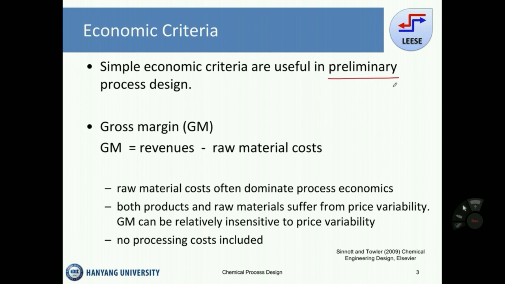Okay? So raw material cost is the major one for determining process economics. Then the revenue will be generated by selling your product. So gross margin is typically given by the difference between the profit from the production by selling the product and the raw material to be purchased for production.